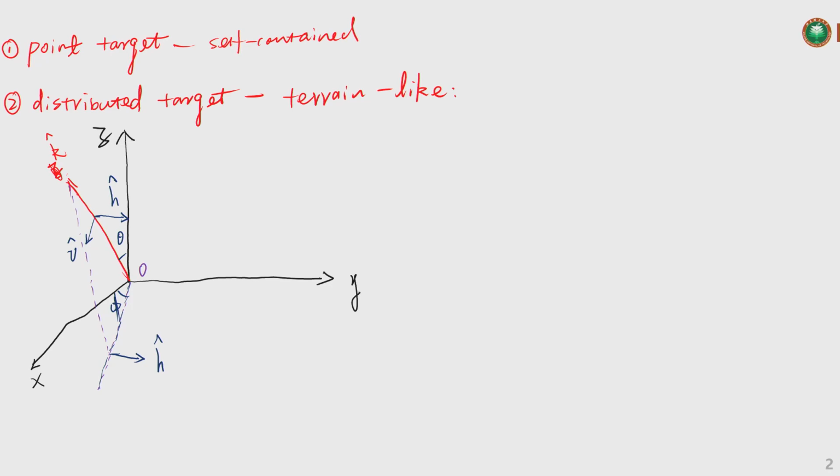Now, if we want to express the electric field, let's first take a short review. Previously, we introduced the expressions for an electric field. In the x-y plane, with propagation along the z direction, the electric field has a component Ex along the x-axis and Ey along the y-axis.